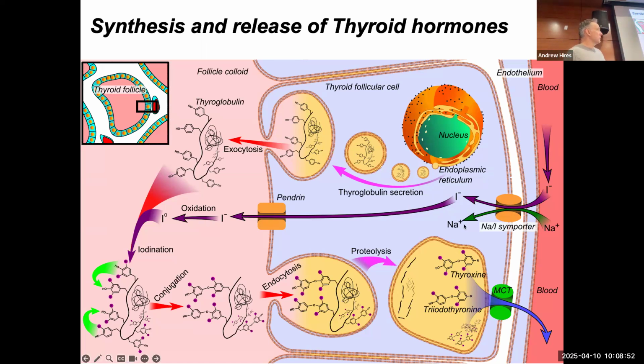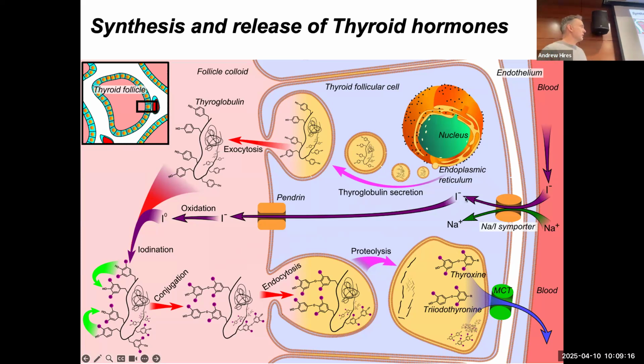So here we've pumped out sodium from the cell. We have low levels of sodium inside the cell, high levels of sodium in the blood, and then we want to concentrate iodine into the cell. What will we do? We'll have this importer that uses the concentration difference of sodium to co-transport iodine.